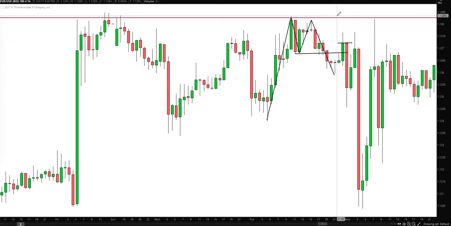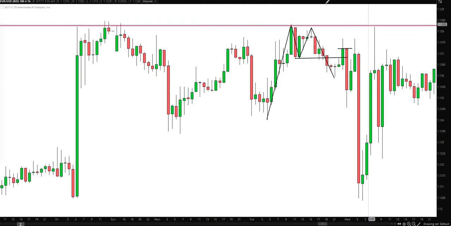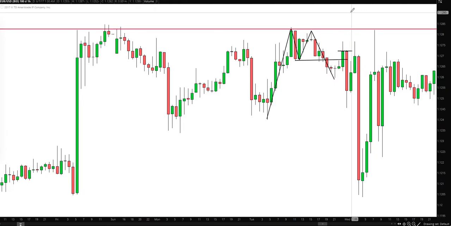Your stop loss 10 pips above, 1283, 1293, would have been a stop loss up in this area here. And take profits, let me see, 72 to 93, that would have been about 20 pips. So we're looking at 52 for our take profit.